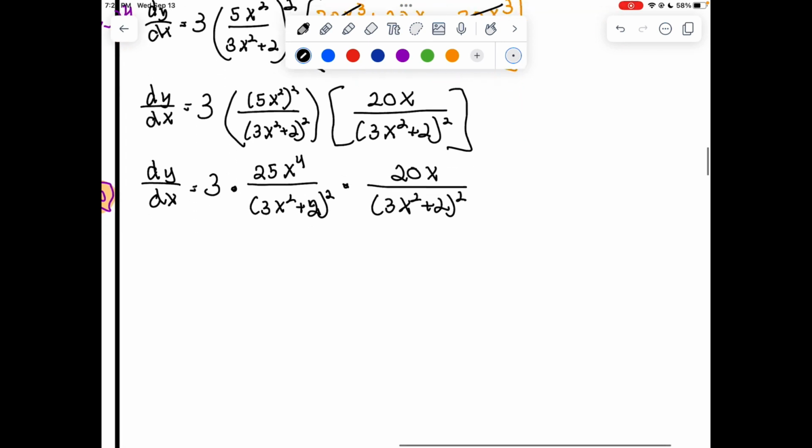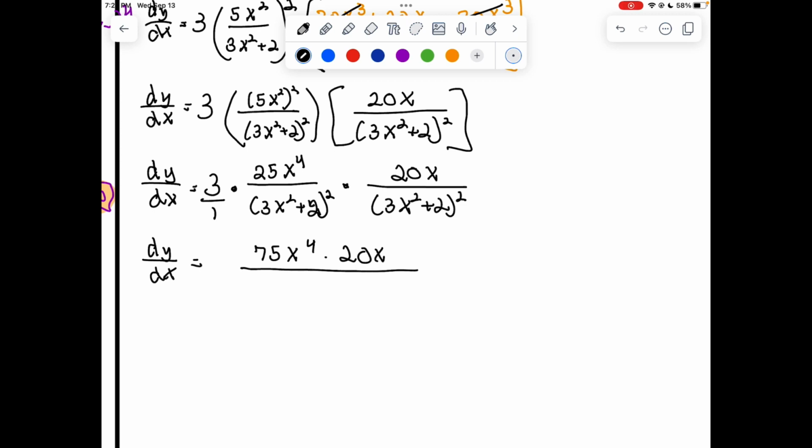So now, remember when we're multiplying that, we multiply straight across the top and straight across the bottom to multiply fractions. And so that's going to give me 3 times 25x to the 4th, which will be 75x to the 4th, times by 20x. And then on bottom, that's going to give me the 3x squared plus 2 to the 4th power.